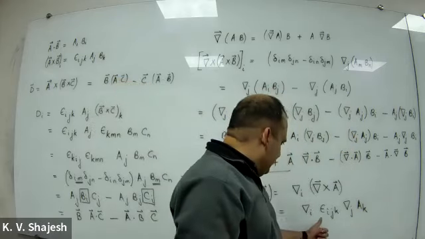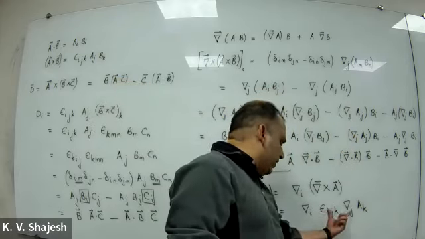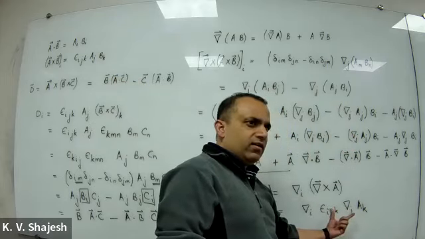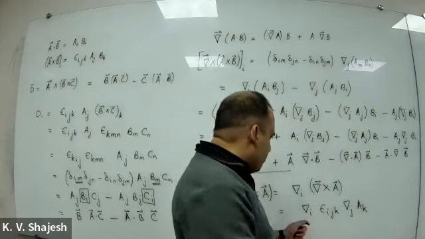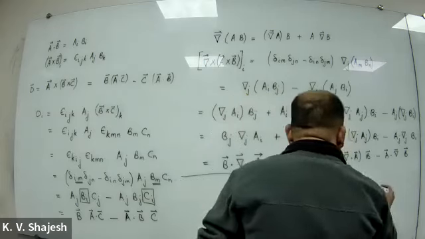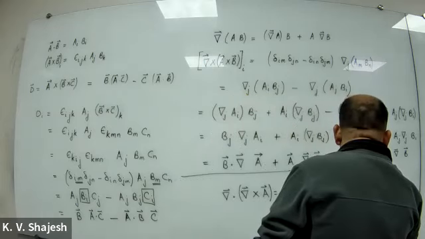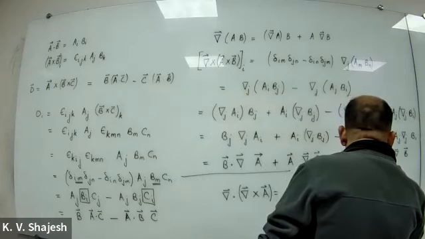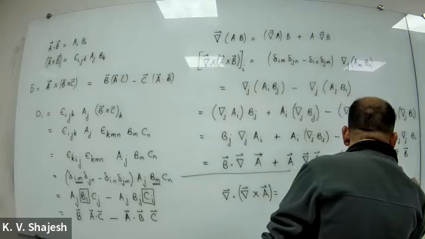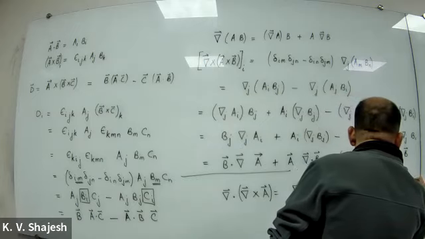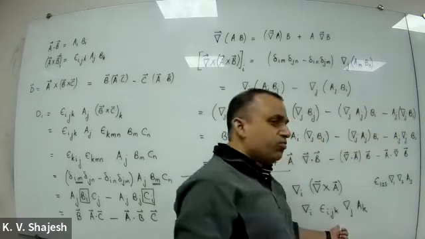Notice there are two quantities which are identical. For example, one of the pieces could be epsilon_123 del_1 del_2 A_3, right? That's one of the pieces possible in this.